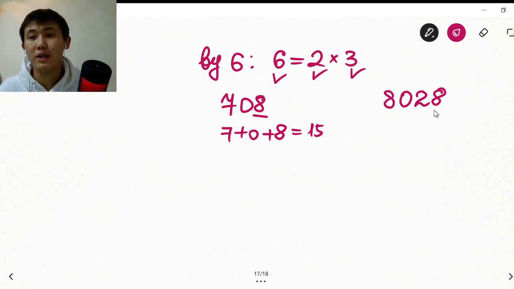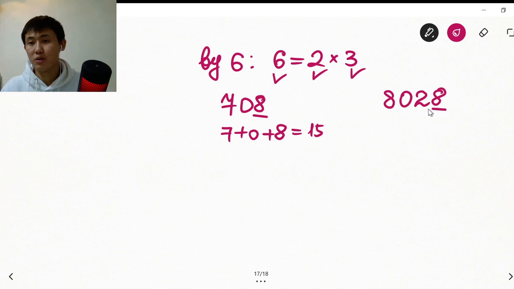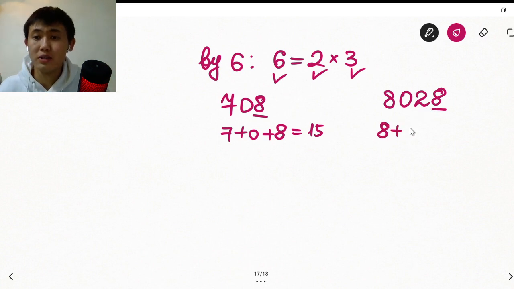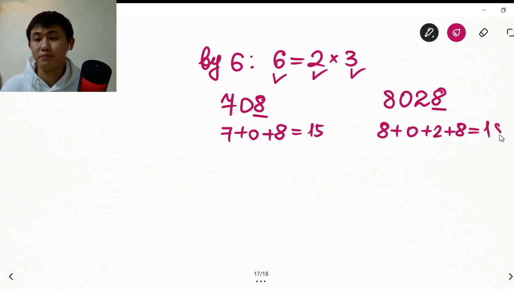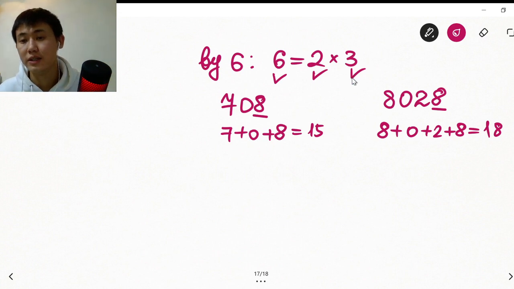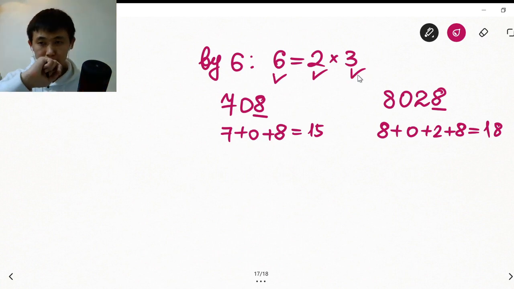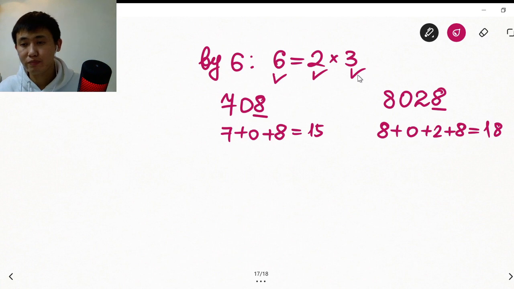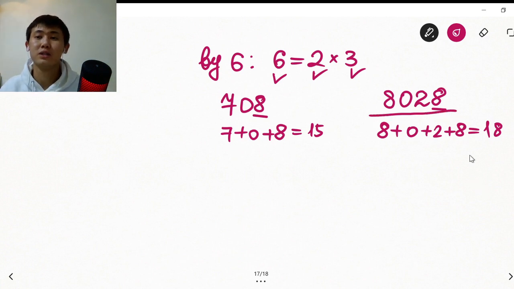The last digit is 8, and that's why it's divisible by 2. And 8 plus 0 plus 2 plus 8 is 18. 18 is divisible by 3. And that's why this number is divisible by 6.